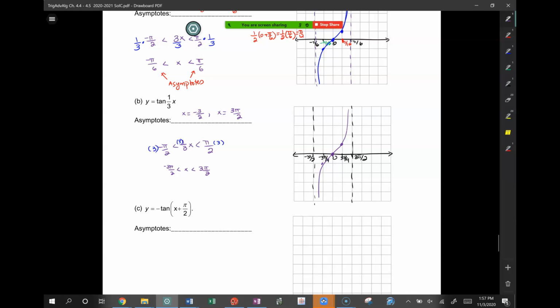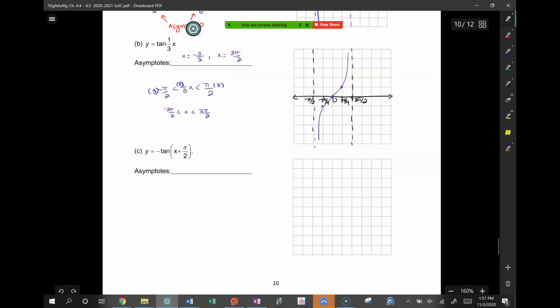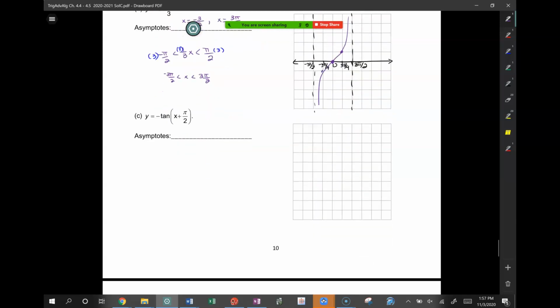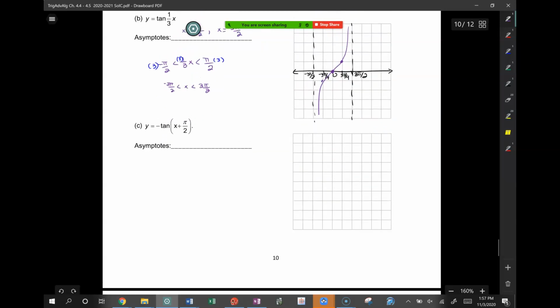Last but not least, now I have a phase shift. So things are going to change a little bit more. I take my x plus pi over 2 and I put it between negative pi over 2 and pi over 2.